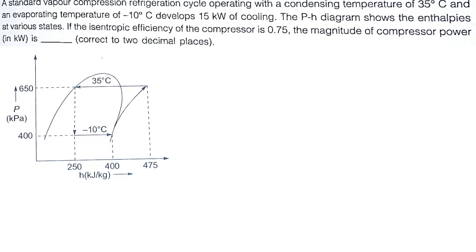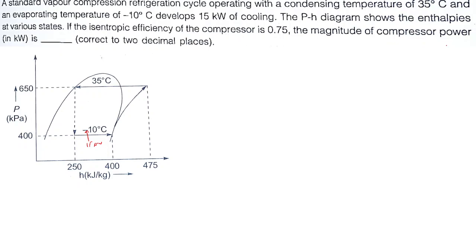So this also you can do. Here a standard VCRS cycle operating with a condensing temperature of 35 and an evaporating temperature of minus 10 degrees Celsius develops 15 kilowatt of cooling. This cooling has been given, so it is 15 kilowatt.